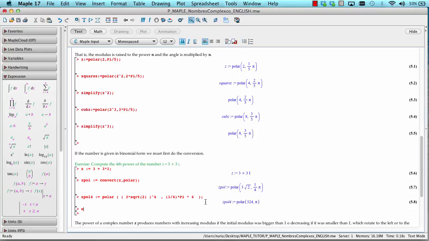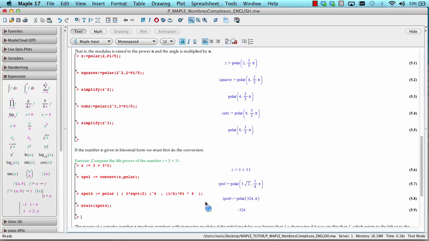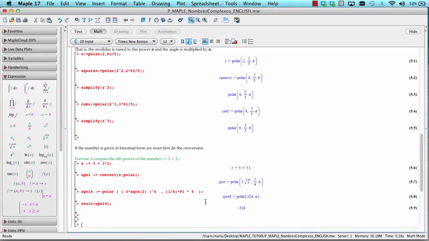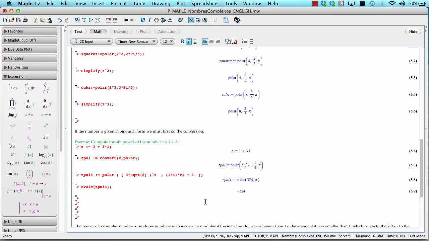So if we convert it to binomial, we would get minus 324. Now, in this case, we could also have done it by hand using binomial form, because z to the power 2 should be 3 plus 3 times i.